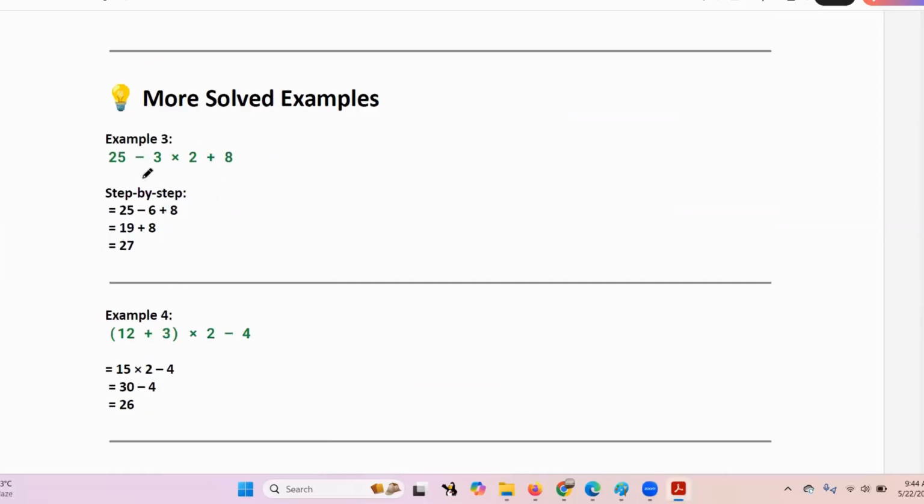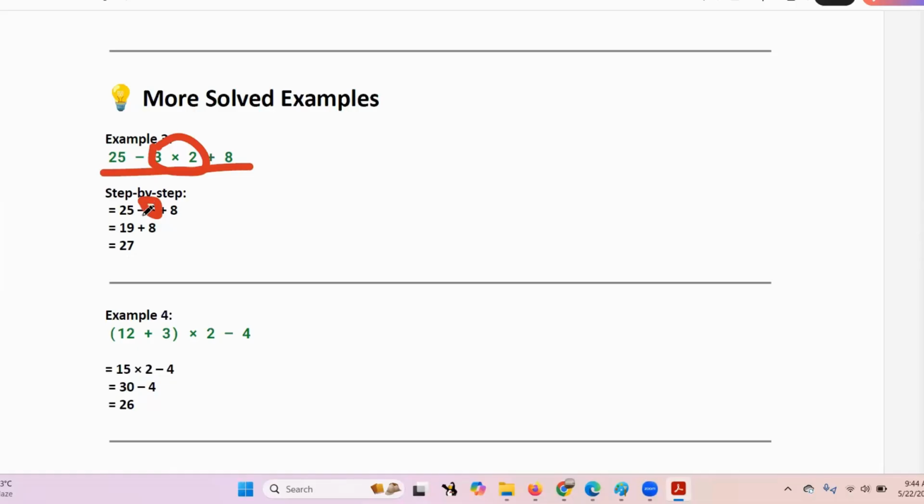Here is one more example. What is the first step? First we will multiply, that is 6. Then we will do the addition and then subtraction.